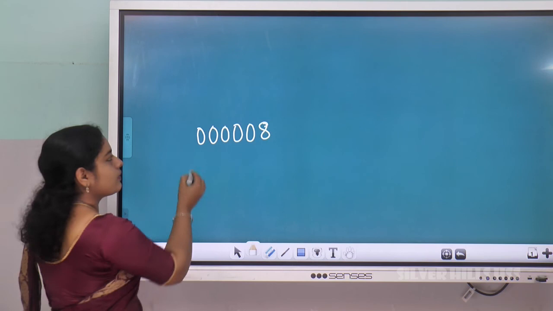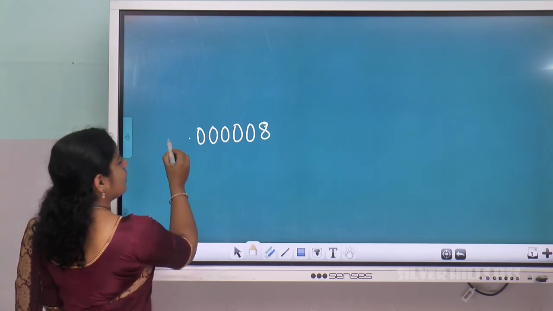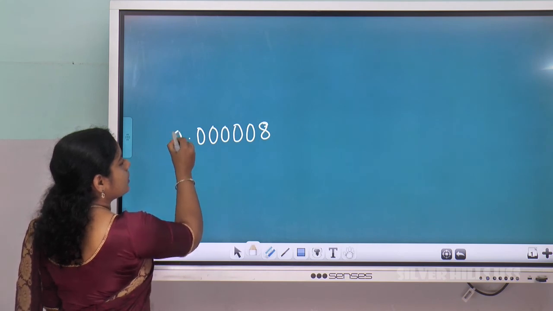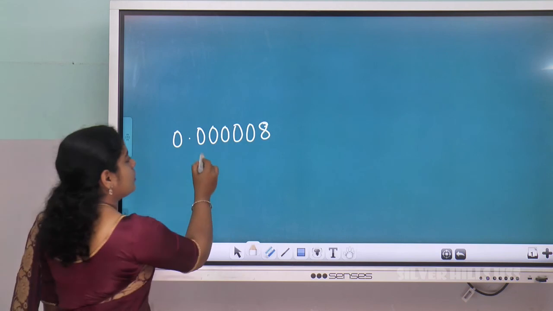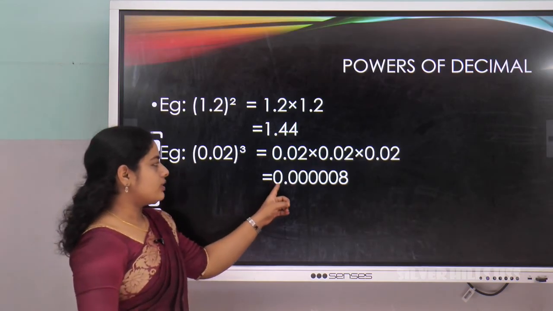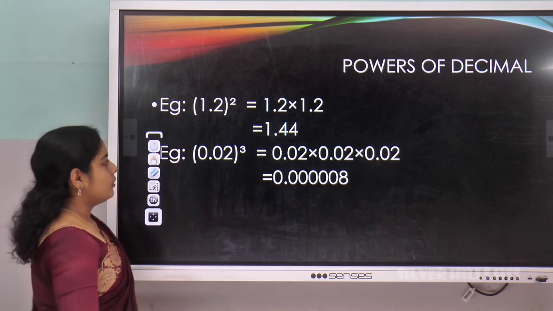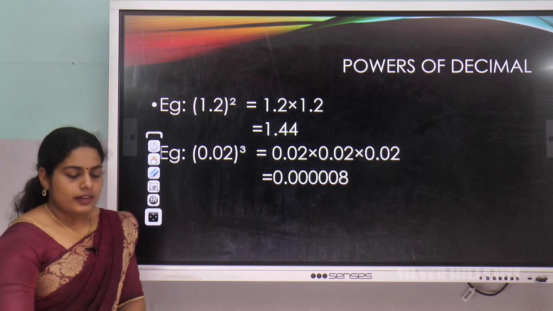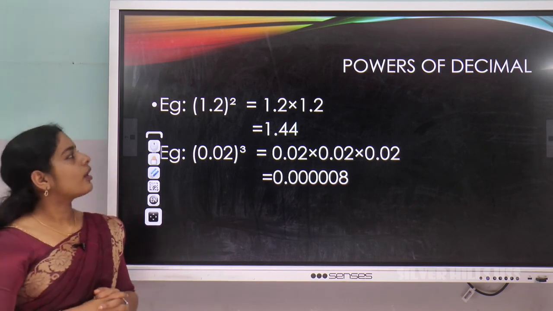After 6 digits we have to put a point. Then since there is nothing in front of this decimal point, we will put a 0 here. This is the correct method of representing a decimal number. So we have the answer as 0.000008.